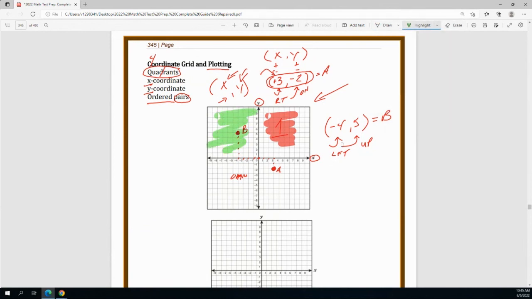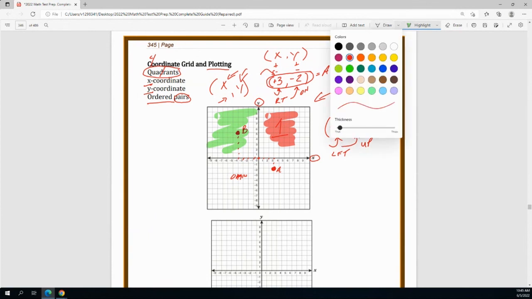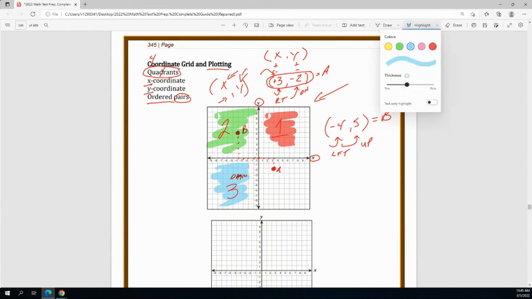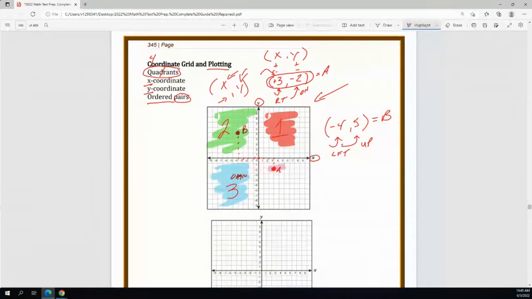This one is quadrant number 2. Can you guess which this one is? That's quadrant number 3. And guess what the last one is? That's right. That one's quadrant number 4.